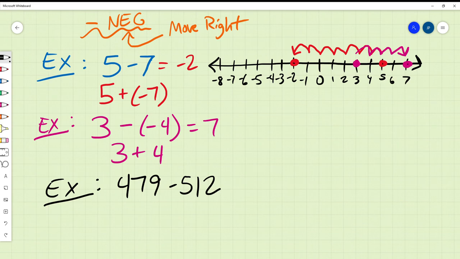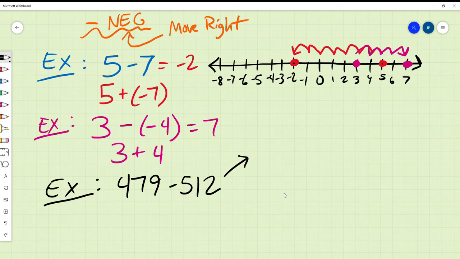So again, you're not expected to draw out a number line that has 512 little tick marks on it. That wouldn't be reasonable. So think in your mind, which one of these numbers is larger, and how is it going to affect how we move on the number line?